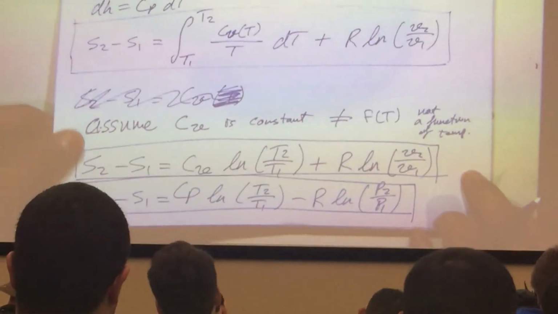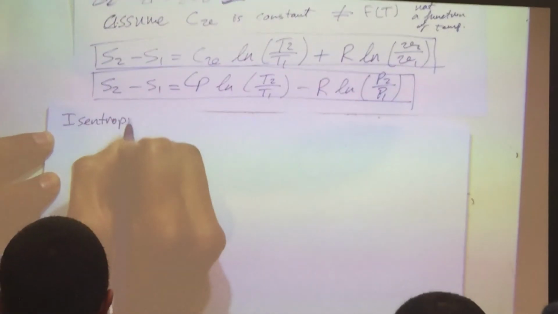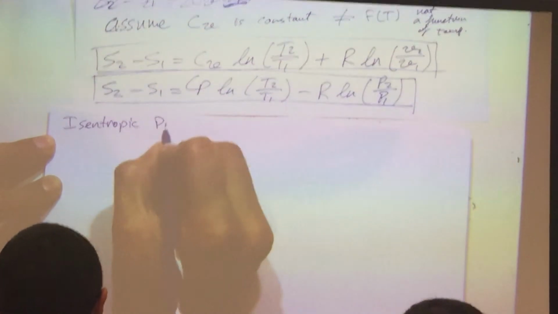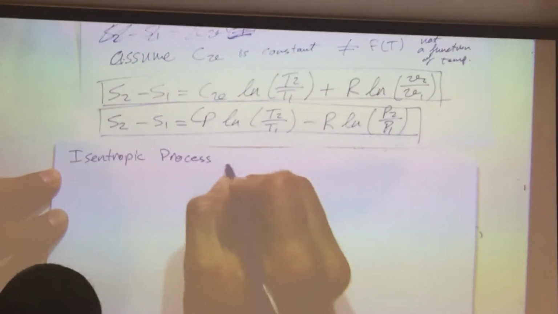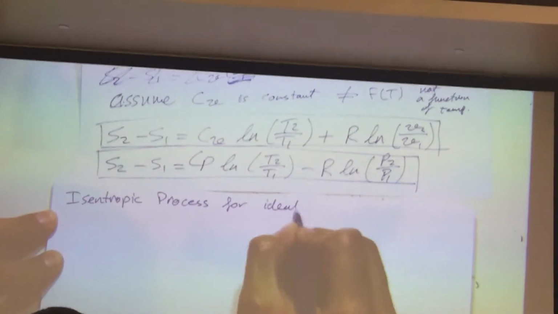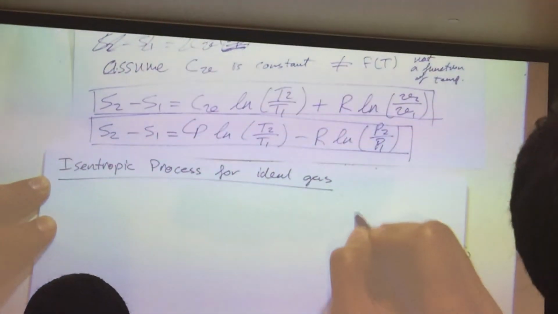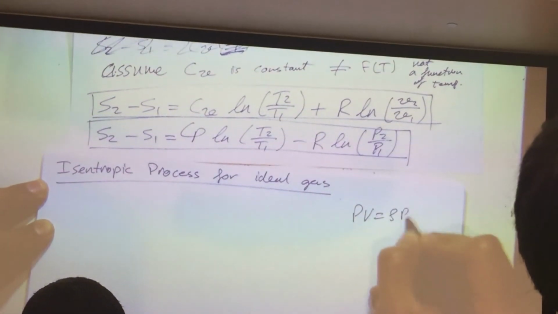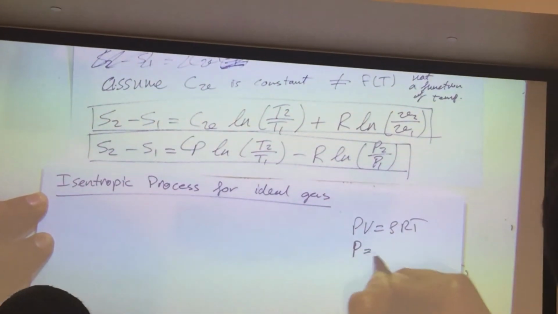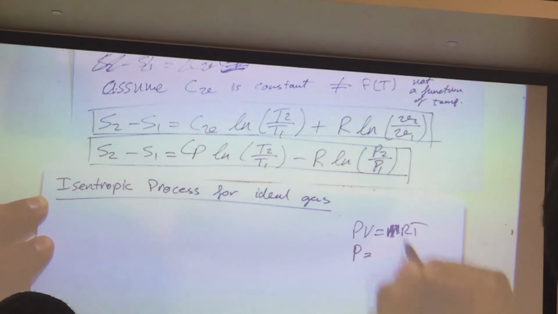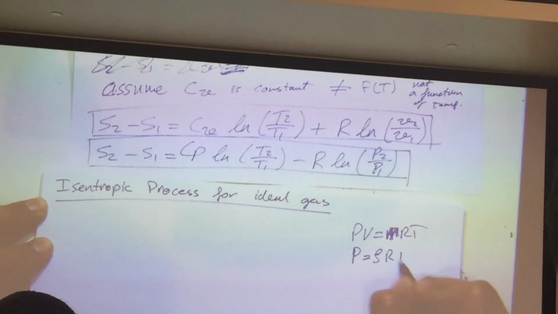So from there, you can say for an isentropic process, for an ideal gas, P is equal to rho RT.